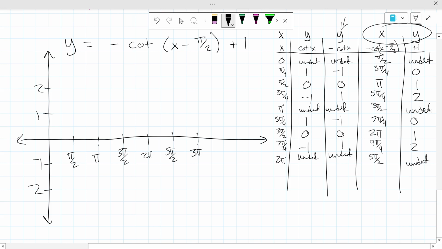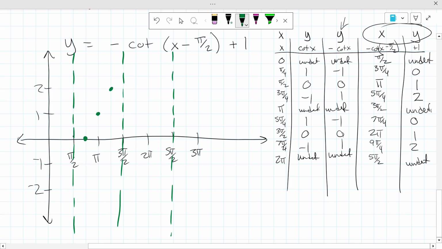All right. So at pi over 2, I'm undefined. And then at 3 pi over 2, I'm undefined. 5 pi over 2, I'm undefined. 3 pi over 4, which is right here, I'm at 0, then 1, then 2.